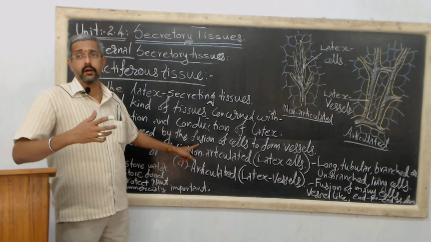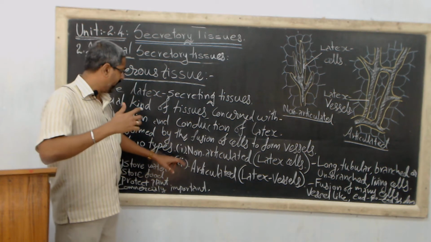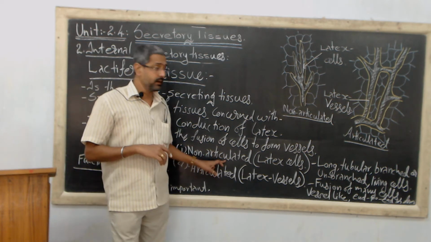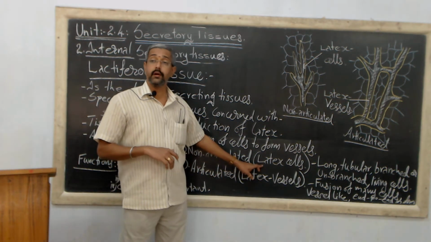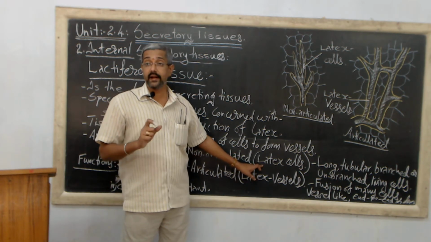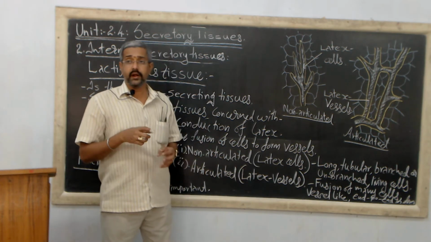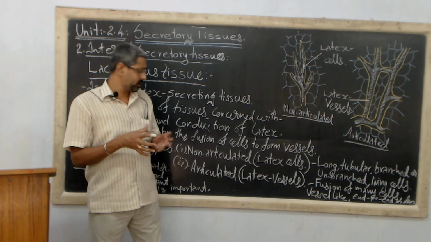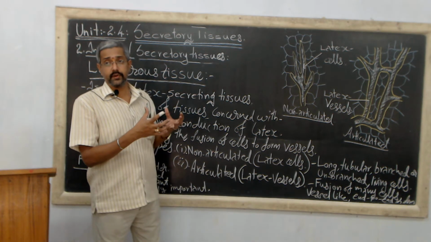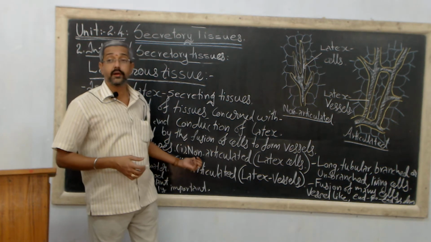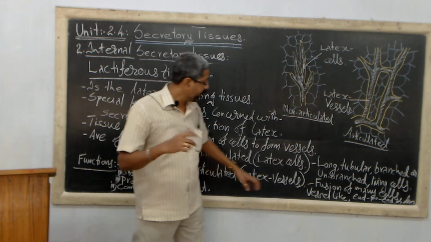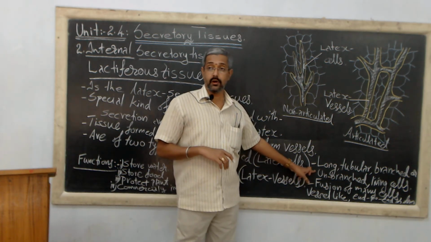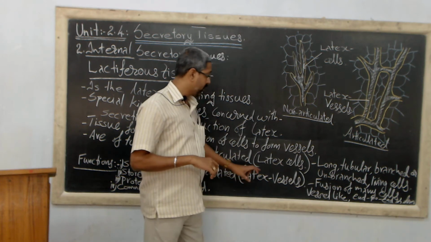How are the cells getting united? First, coming to non-articulated laticiferous tissue, it is otherwise called latex cells. So there is a group of cells organized to form the laticiferous tissue, which is called non-articulated laticiferous tissue. Here you can see the structure of this non-articulated or latex cells.